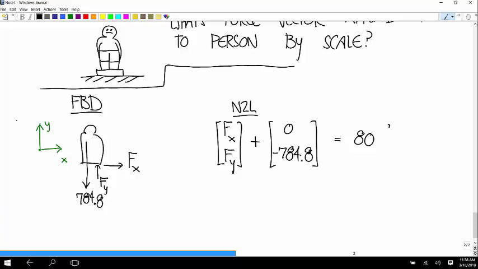0. And so you get that Fx is equal to 0. Fy is equal to positive 784.8 newtons.